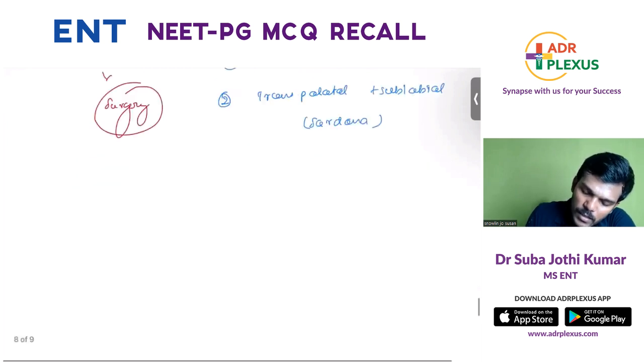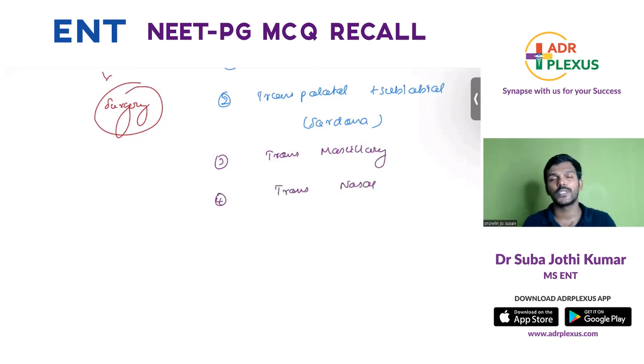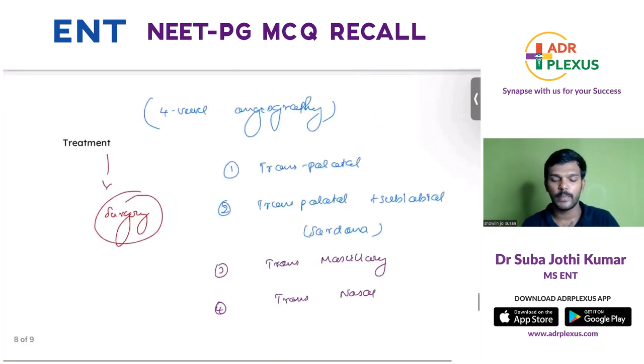Clear? Transmaxillary approach. If it is a smaller mass, you could just do a transnasal approach. These are the approaches through which you could approach the nasopharynx having the juvenile nasopharyngeal angiofibroma and remove the mass. So the surgical approaches are very important, they may ask.